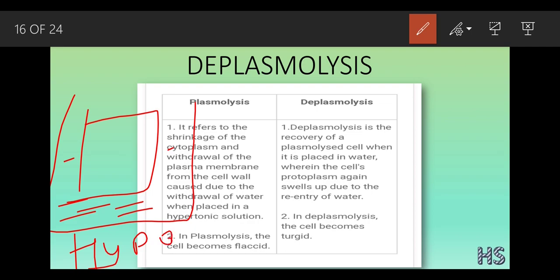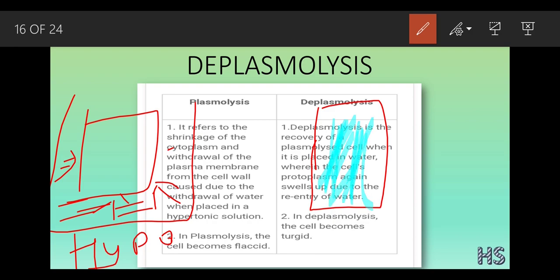So what is going to happen? The water will move inside this part, and there will be a condition where the water starts to appear. The vacuole will also appear.